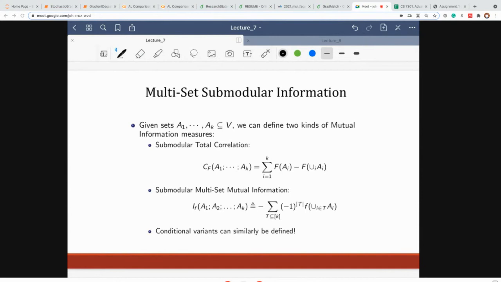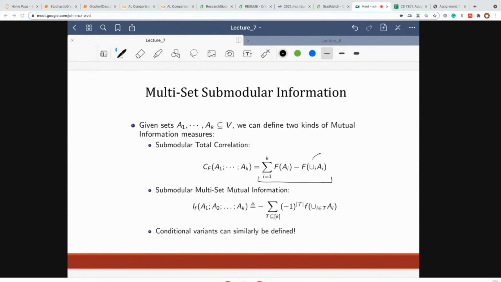Okay. So next we can also define a multi-set information content. The way we do this is, given sets A1 to AK, we can define two kinds of mutual information measures. One is the submodular total correlation, CF of A1 to AK, which is defined as the sum over i from 1 to k of f of Ai, minus f of the union over i of Ai.